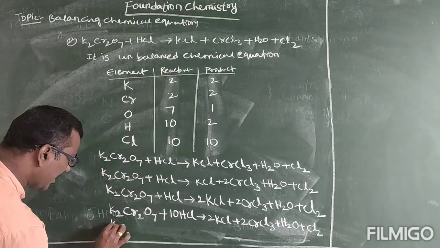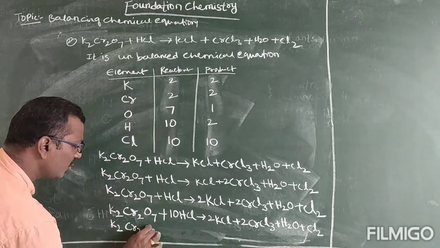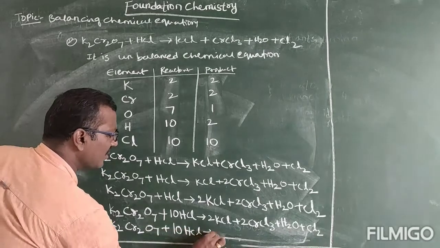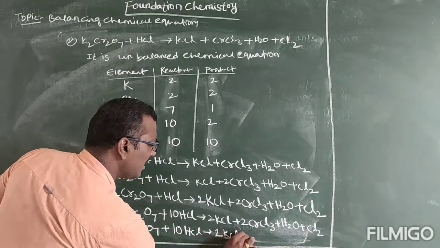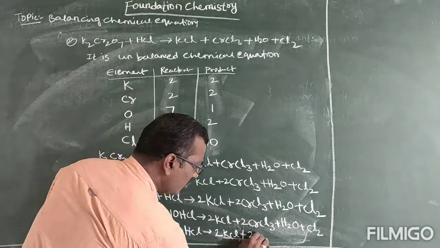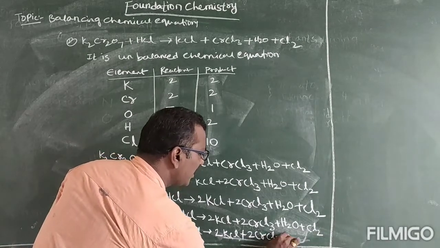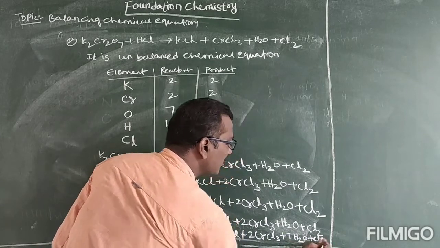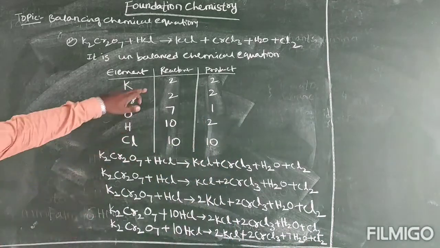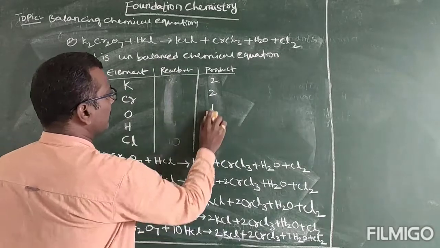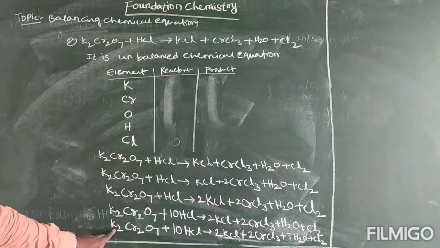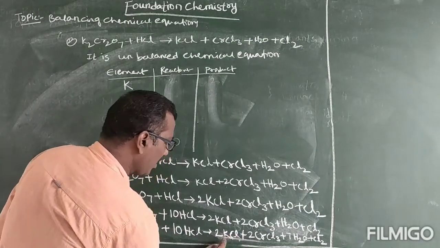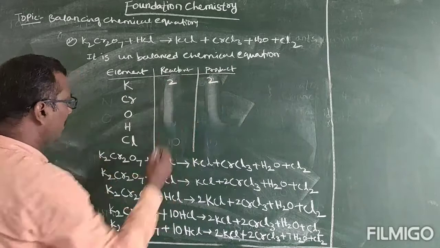So I can write it as K2Cr2O7 plus 10 HCl gives rise to 2KCl plus 2CrCl3 plus 7H2O plus Cl2. Now again I have to check the reactant and product side. Potassium 2, 2. Okay, 2, 2.